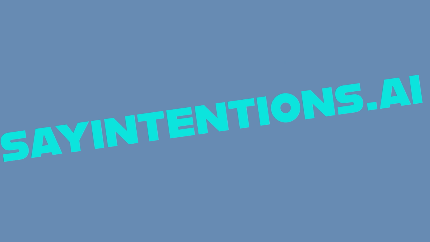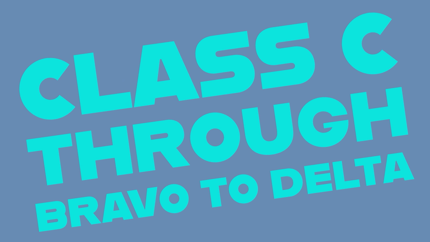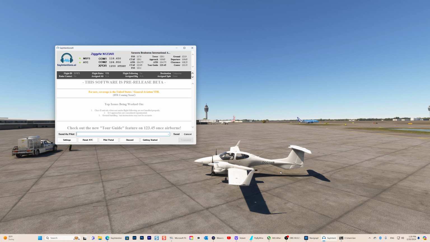Today we are at Sarasota Bradenton International Airport, and we're going to take a short flight to Ocala International using Sayintentions.AI as our ATC VFR service. So this is my third video on this.